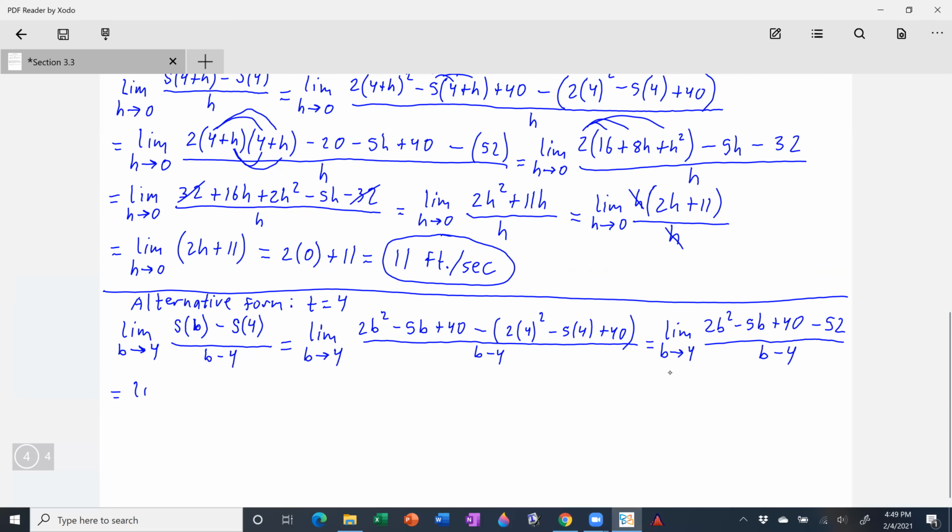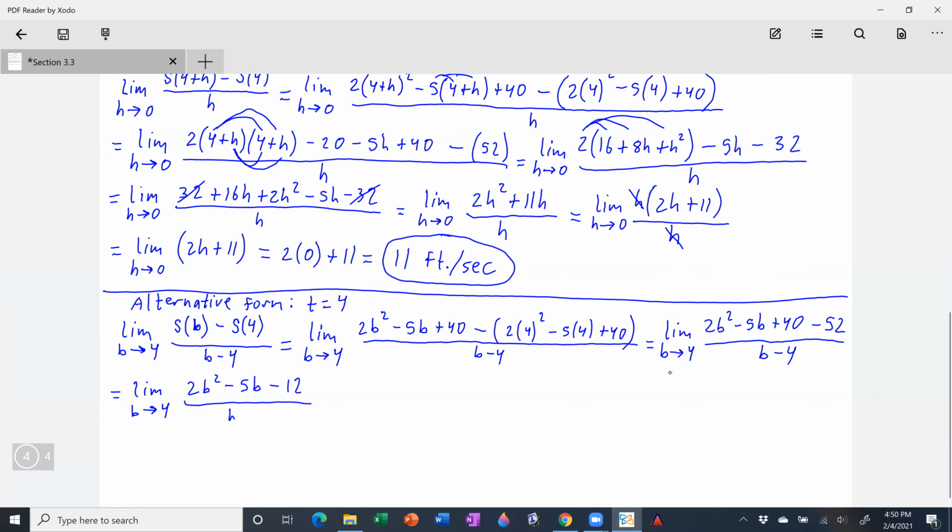Okay, equals limit as b approaches 4. So on the top, let's clean that up. So 2b squared minus 5b, that can stay the same. Okay, and then we can combine 40 and minus 52. And so that's minus 12.